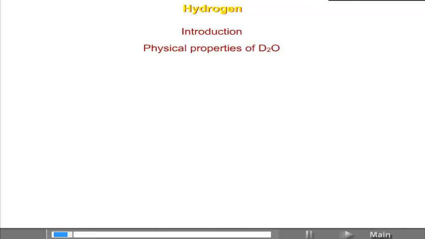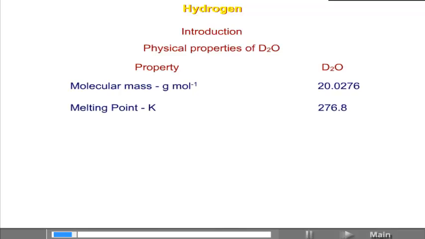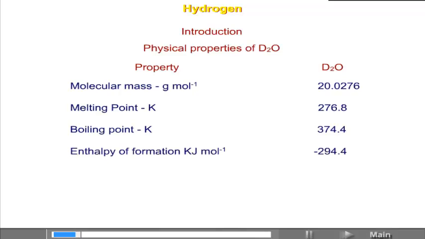Physical properties of D2O. Molecular mass in grams per mole is 20.0276. Melting point in Kelvin 276.8. Boiling point in Kelvin 374.4.